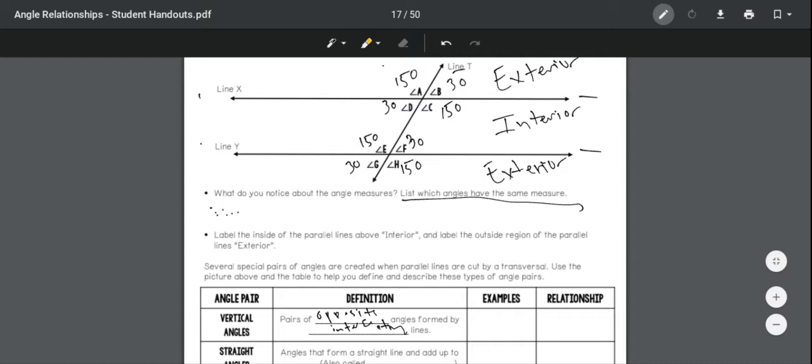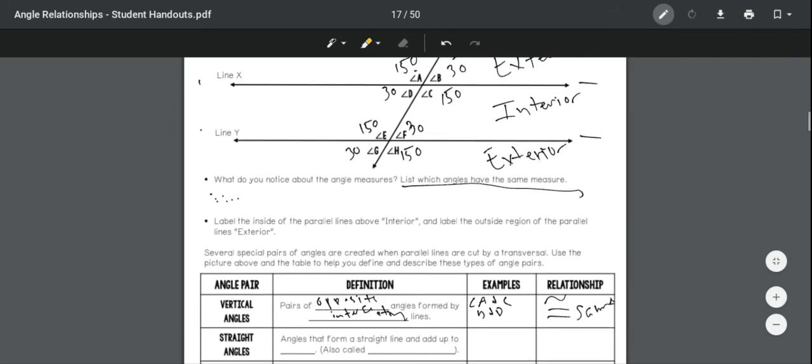So examples up here would be A and C. Angle sign, A and C. Another one would be B and D. Okay, another set would be E and H. And G and F. I would go ahead and write all those down. And the relationship is that they are congruent. So I'm going to use that congruent symbol. And that means that they are the same. So therefore, if you're told that B is 30, then you know that D is 30.